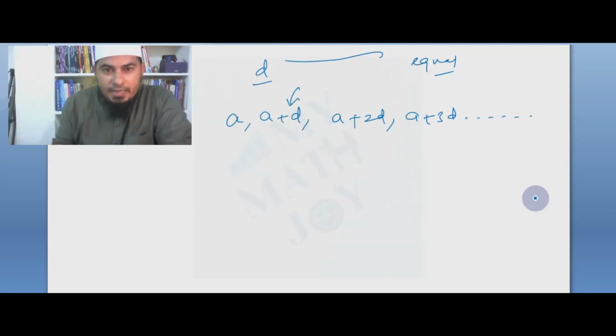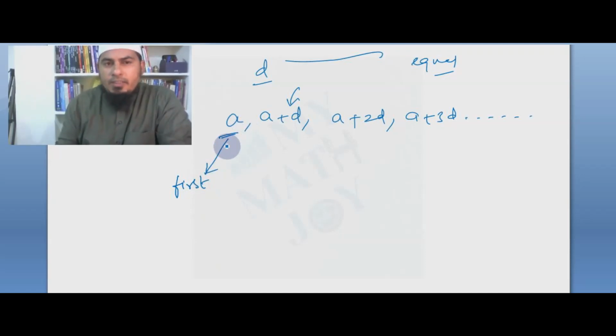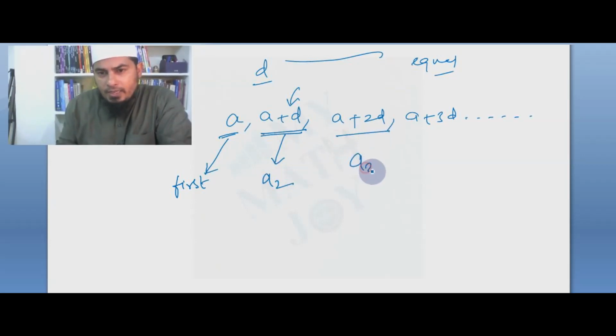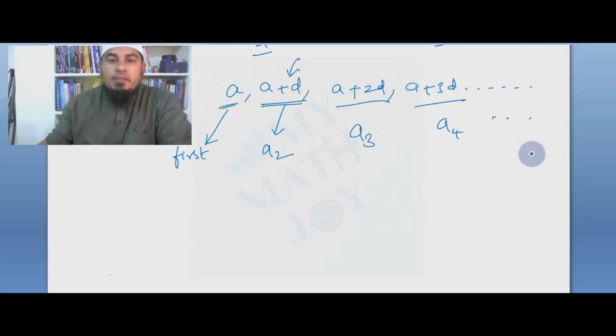Now please identify, this is my first term. The first term is a. Sometimes a1 is also used, do not worry, it is a. This is my second term, a2, this is the third term a3, this is my fourth term a4, and so on. The terms are represented like this.